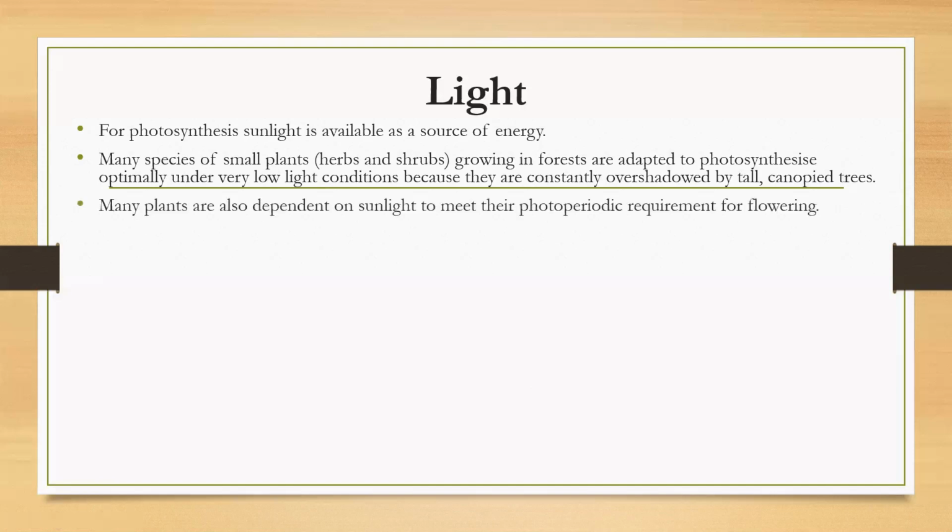Many plants also depend on sunlight to meet their photoperiodic requirement for flowering. So light is not only required for the photosynthetic reaction, but also for various other morphological or physiological changes in the plant body.